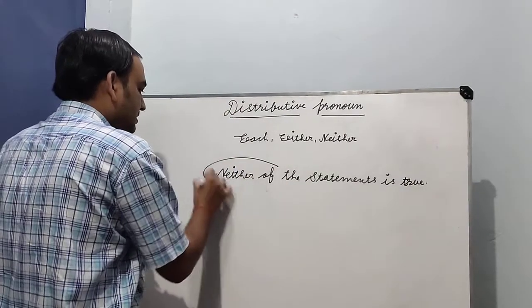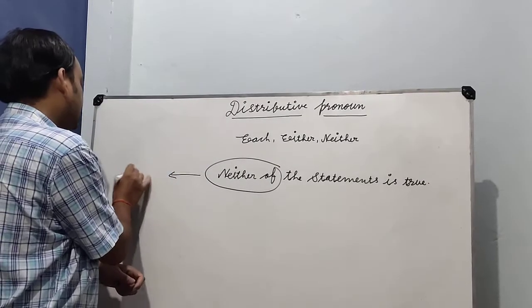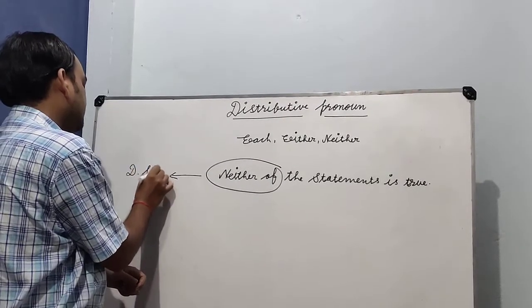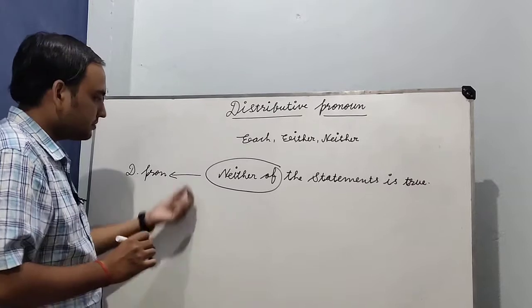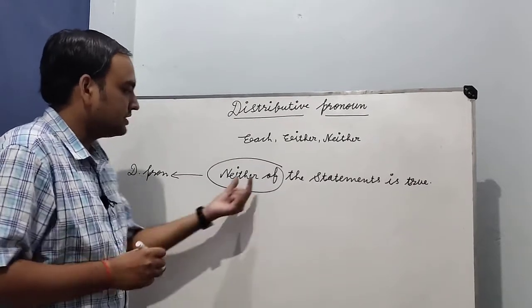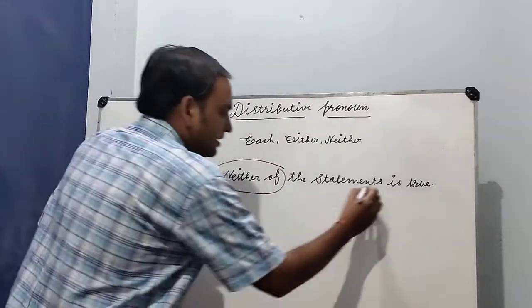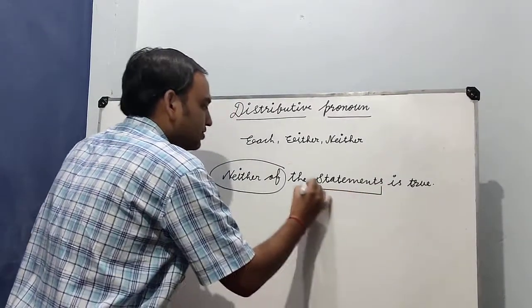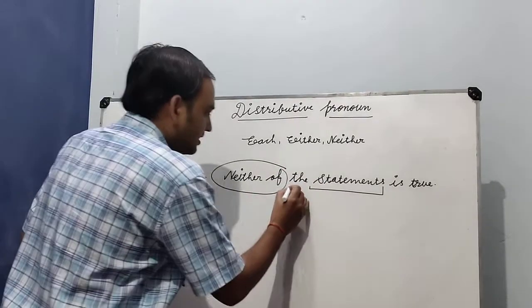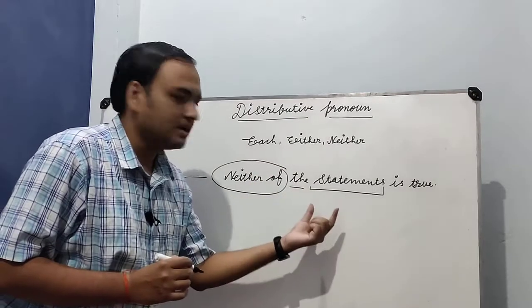Basically, here this is a distributive pronoun. A distributive pronoun is always used with of, like neither of, and here the noun should be plural and the is used between the distributive pronoun and the plural noun.